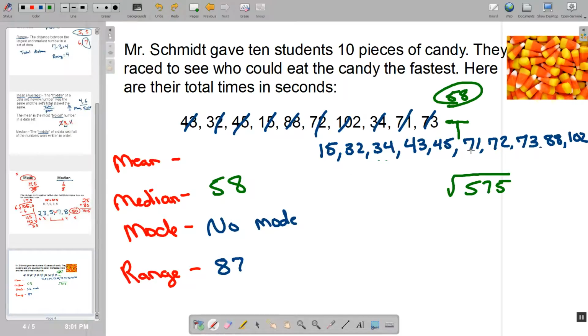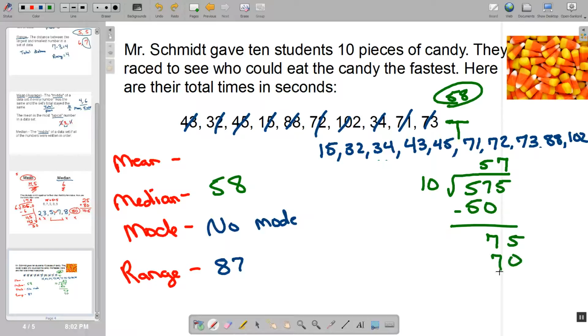There are a total of 10 students, so I'm going to divide this number by 10. And now I just simply do long division. So the closest multiple to 57 of 10 is 50, so 5. And now I subtract, and I have 75 left over. So the largest multiple of 10 we can use next is 7 tens.